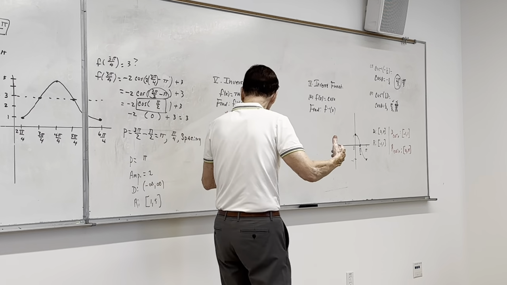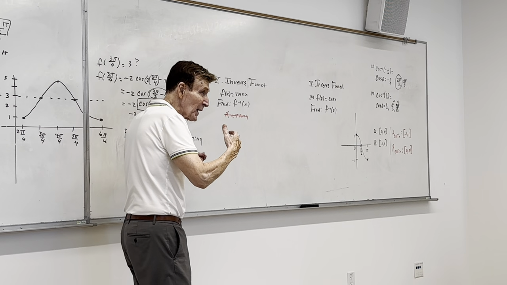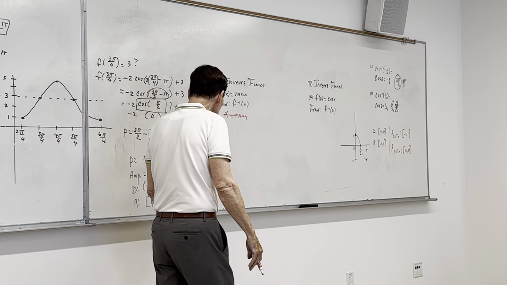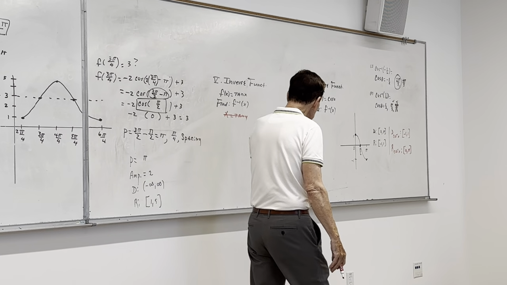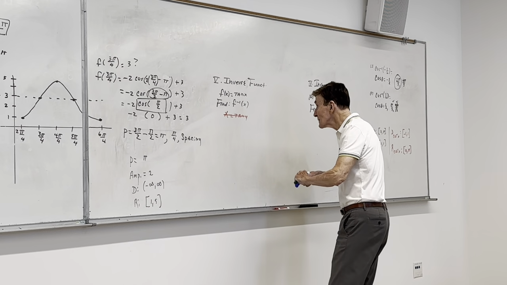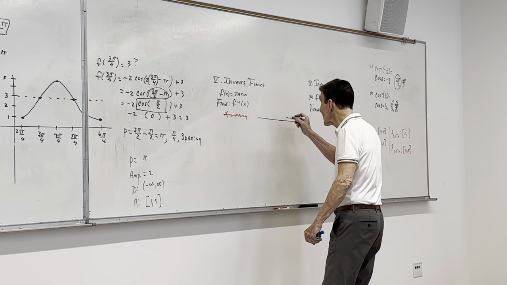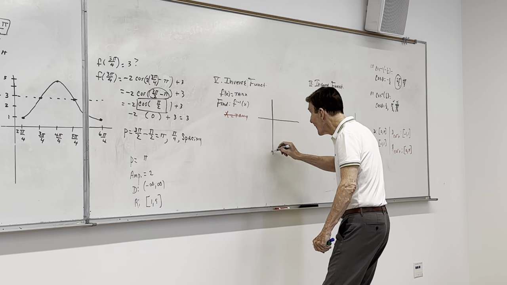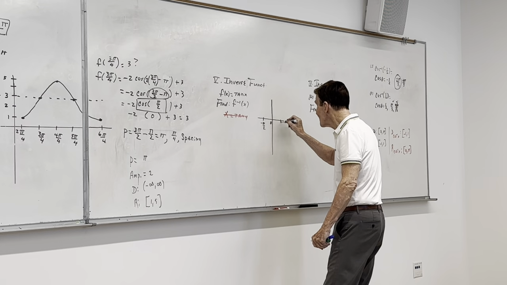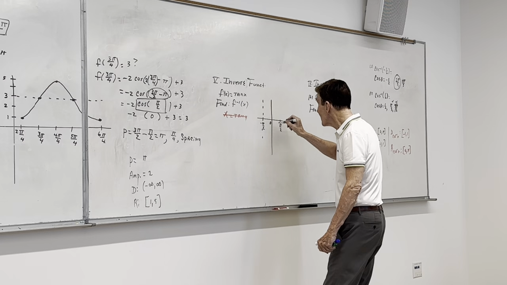If I just sketched the parent graph of tangent, and I think I erased it, I sure did. Okay, now on the grid for that parent graph, please tell me if I should accept this cycle that you saw just a few minutes ago, like this, and this.